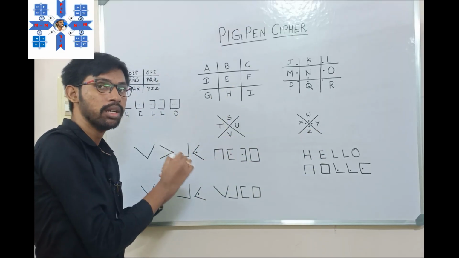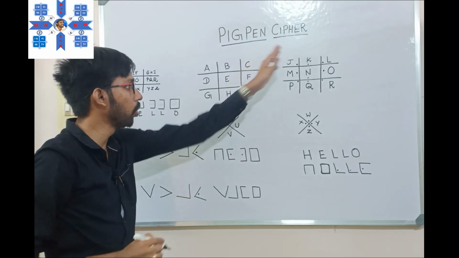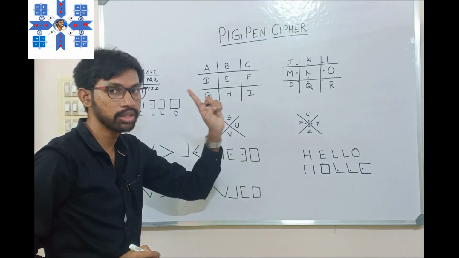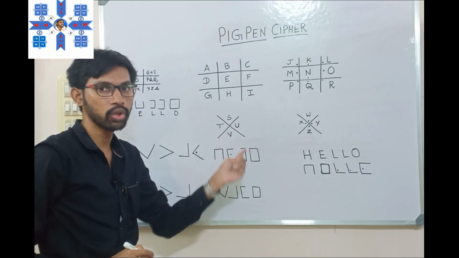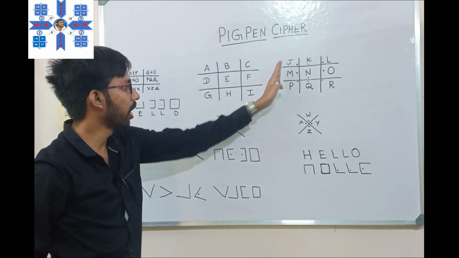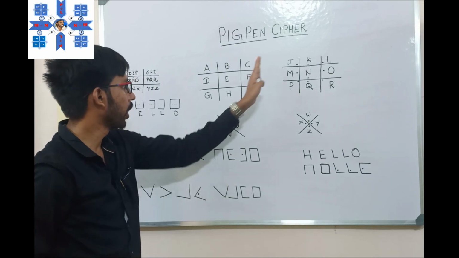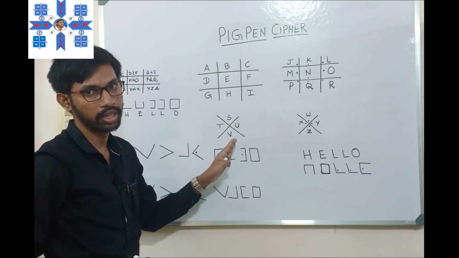If I am finding dots like this, then I can come to a conclusion that my plain text should belong to these categories. So that is the first thing you have to keep in mind: whether inclusion of dots or exclusion of dots. If a dot is being included, then your letters belong to these categories. If there is no dot, then the letters belong to this category.